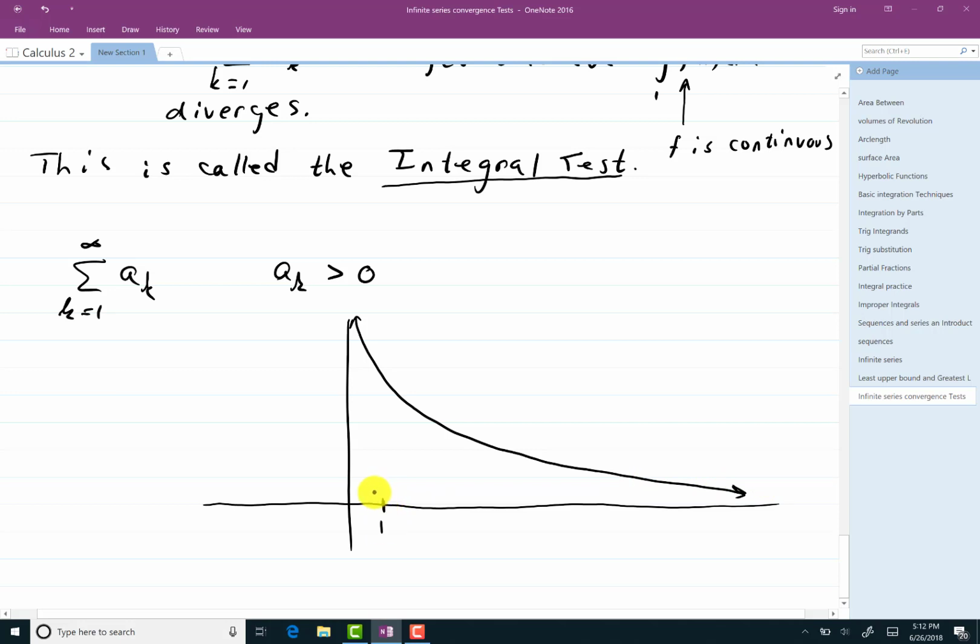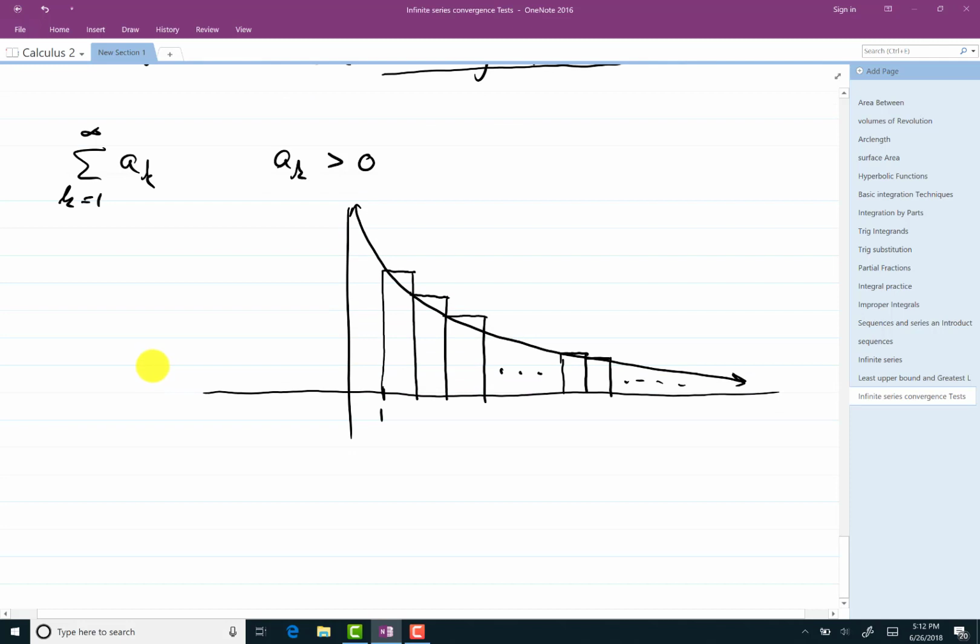Now what we'll do then is graph my a sub k's. So I'll have k equals 1. I will go up here to the curve. I'm going to make fatter rectangles so I can label things. And of course this goes on forever, and I'll get out here to n minus 1 and n.